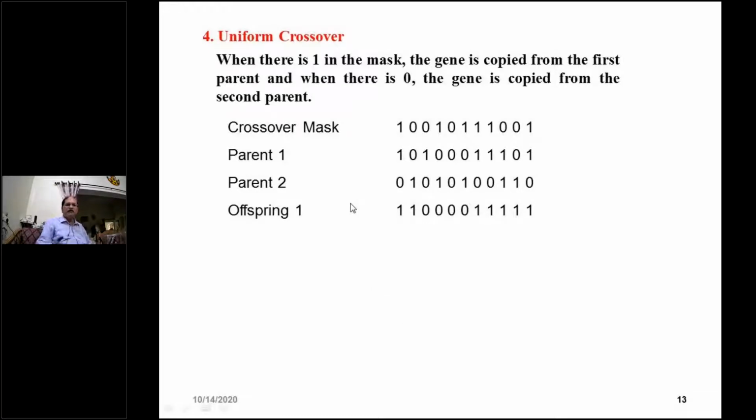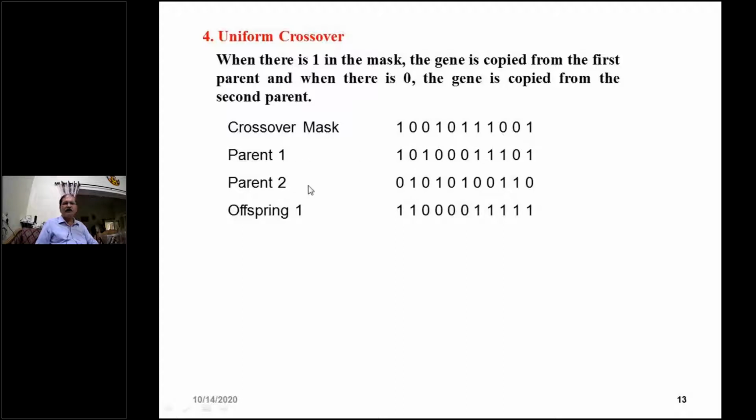In the uniform crossover, you randomly generate a crossover mask and select parent 1 and parent 2. Now when 1 appears in the crossover mask, you select the information from the first parent. If 0 appears, we select the information from the second parent, right? So the crossover mask here is 10010111001.